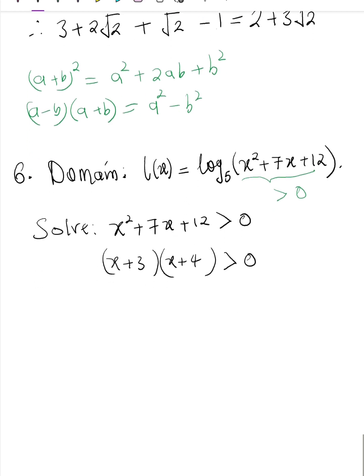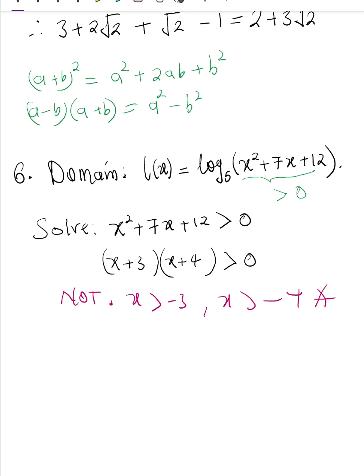Now here I will not say x is greater than negative 3 and x is greater than negative 4. Please do not do this.